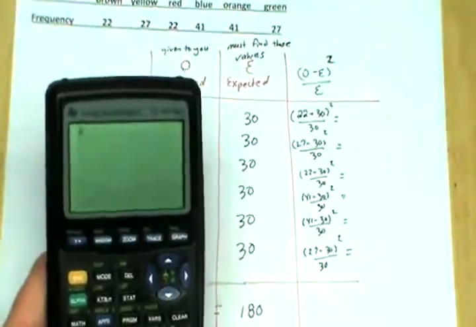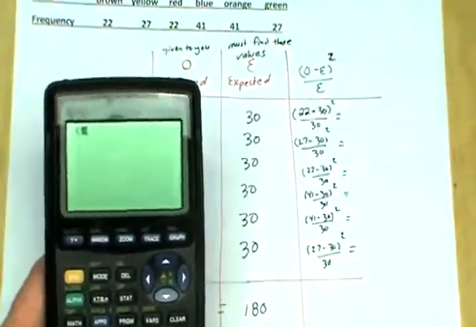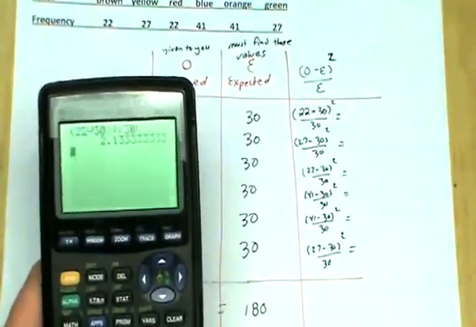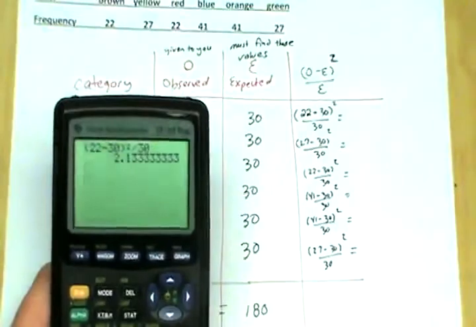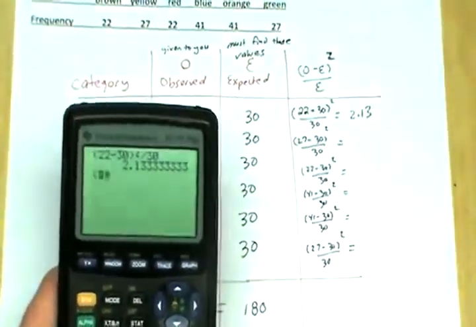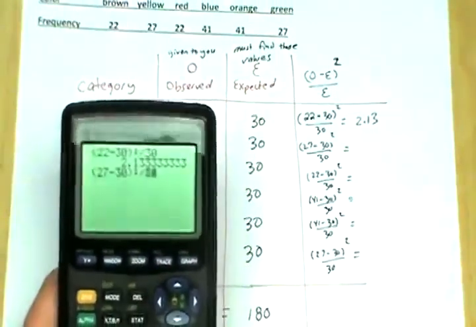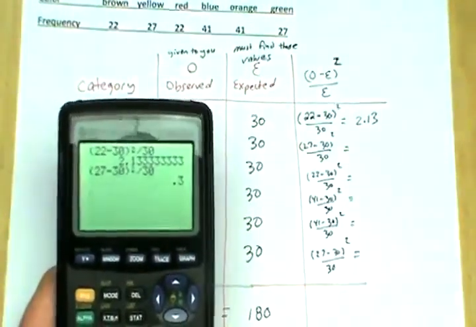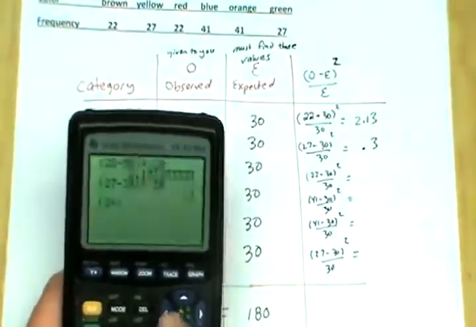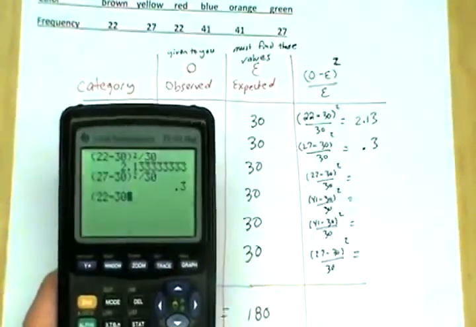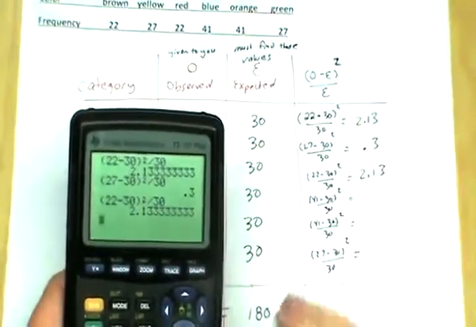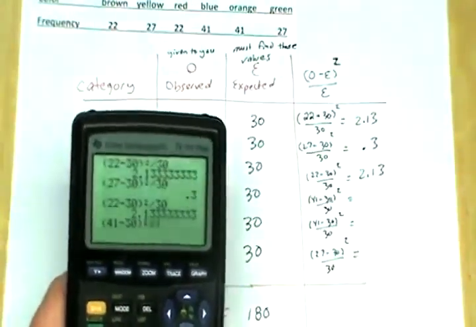One of 2 ways you can do this: you can put it in just like that, left parenthesis, 22 minus 30 squared divided by 30. That's the best way to do it, just the way it looks. Okay, so this is 2.13. Then we're going to find 27 minus 30 squared divided by 30. That's 0.3. Then 22 minus 30 squared divided by 30, and 41 minus 30 squared divided by 30.